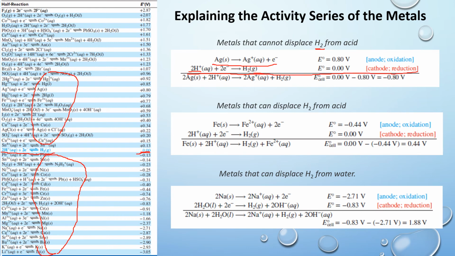You have 0 here, and by subtracting the standard half cell potential for silver, which is a positive 0.8, you minus 0.8. So overall you have a negative standard cell potential. If it's less than 0, it's non-spontaneous, so when you put silver metal in acid, nothing is going to happen.